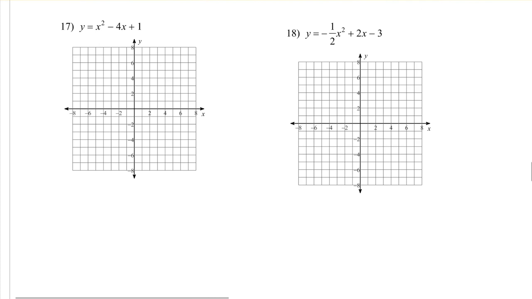Same thing here. X equals negative b over 2a. Negative b is, so b is negative 4. A is 1. 2 negatives, 4 over 2. X equals 2. This is our axis of symmetry.